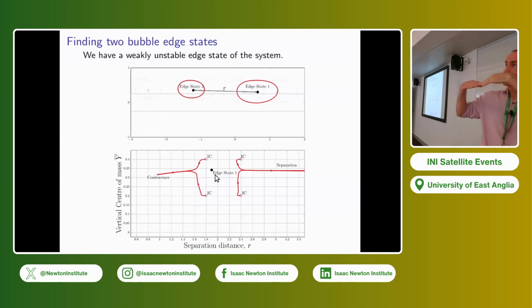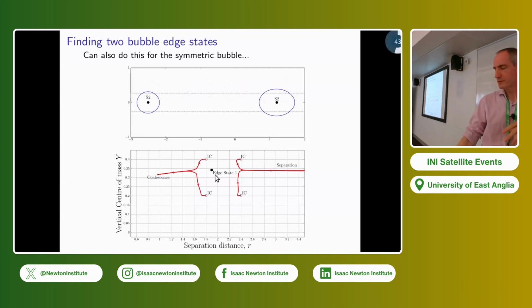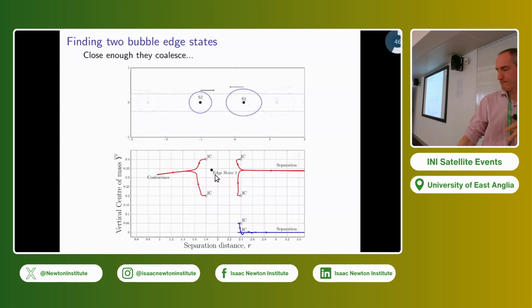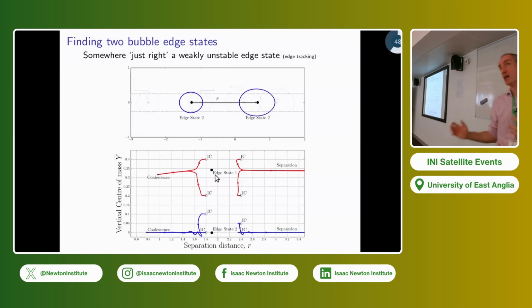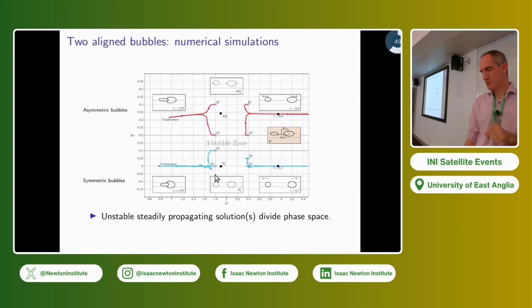This was for bubbles that were asymmetric off the edge of the rail. We can repeat the same process with symmetric bubbles, and we find another symmetric, unstable two-bubble edge state. And then in between, there's actually breakup.